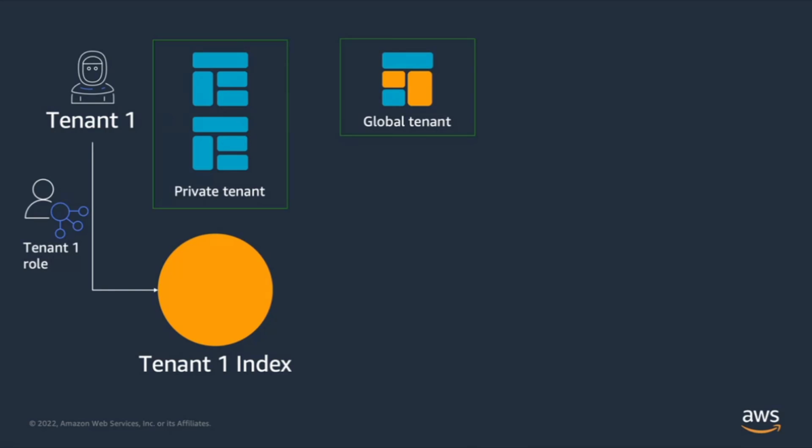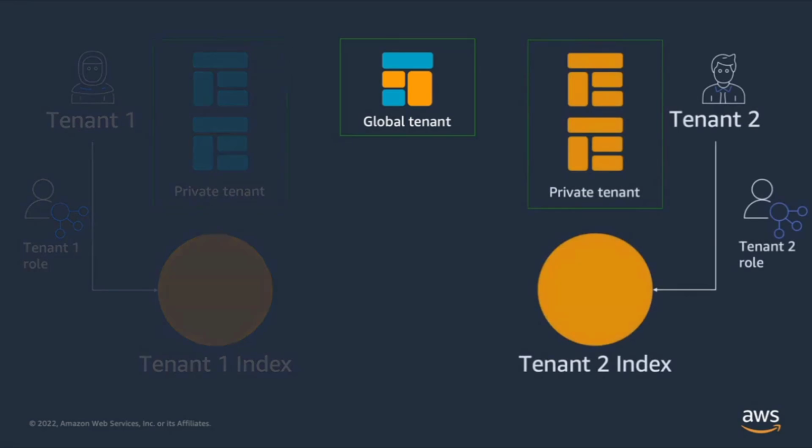Every OpenSearch Dashboards tenant has access to a global Dashboards tenant, where the entire set of users can build visualizations and dashboards that are available for everybody. Similarly, if we have a second tenant, that tenant also needs a role to access the index where their data is. They also have a private tenant for themselves, and they can access the global tenant.